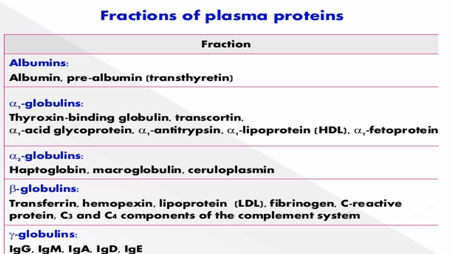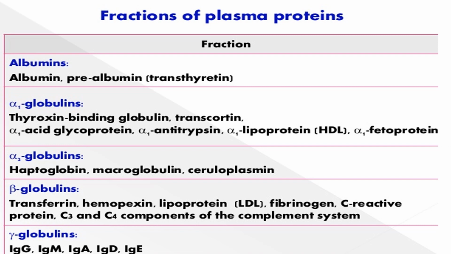Then among beta globulins, we have transferrin, which is an iron transport protein. We have beta lipoproteins, which are responsible for the transport of lipids in the circulation, and C-reactive protein. Now, C-reactive proteins are synthesized by the liver, and when the levels of C-reactive protein are increased, it means that somewhere in the body there is an inflammatory process.